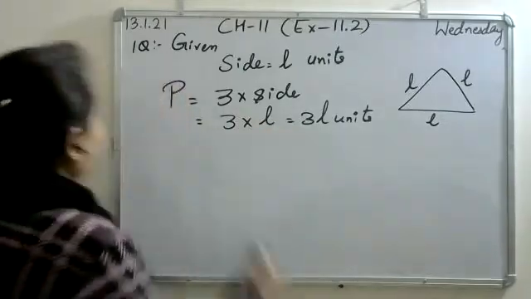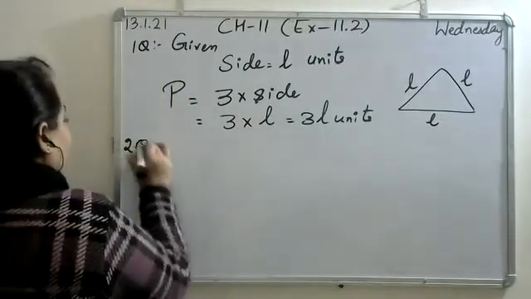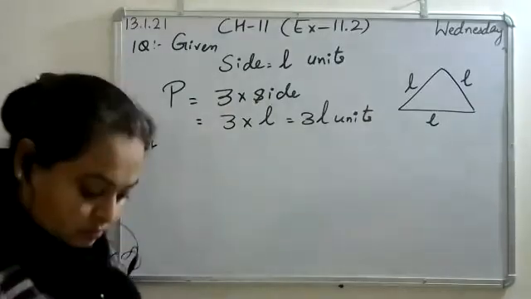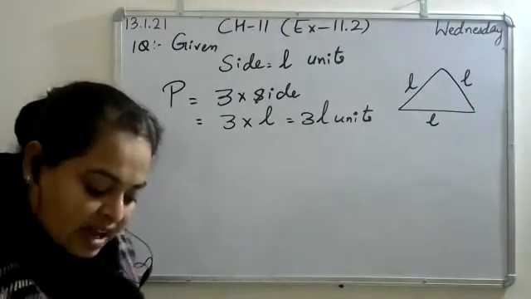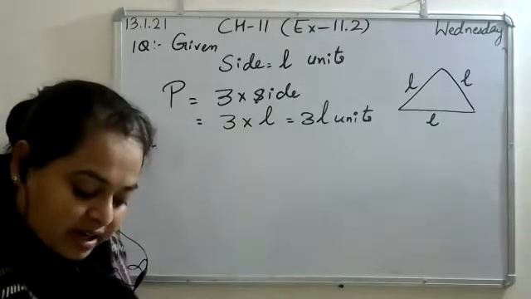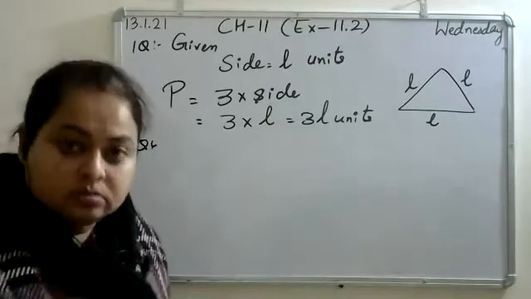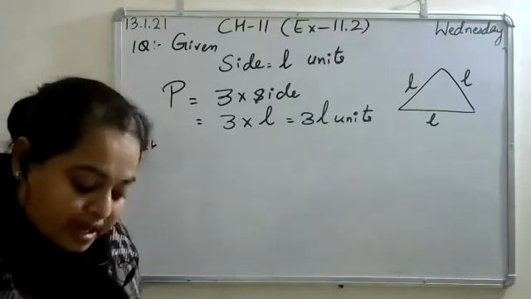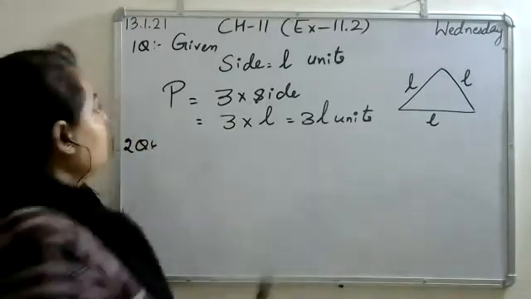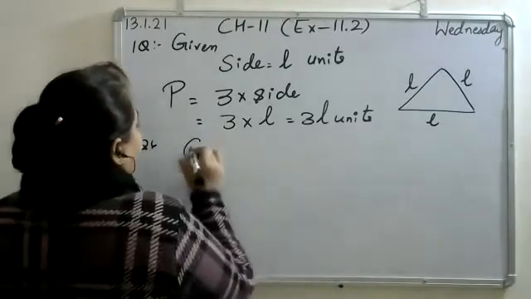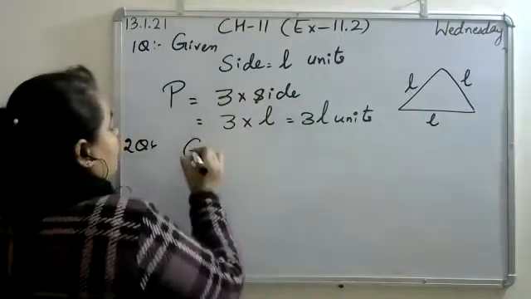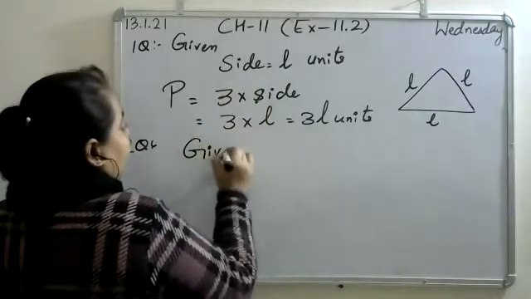Now similarly come to the second question. The side of a regular hexagon is denoted by L. Now the question is based on hexagon. Similarly, first of all you will write the given information.